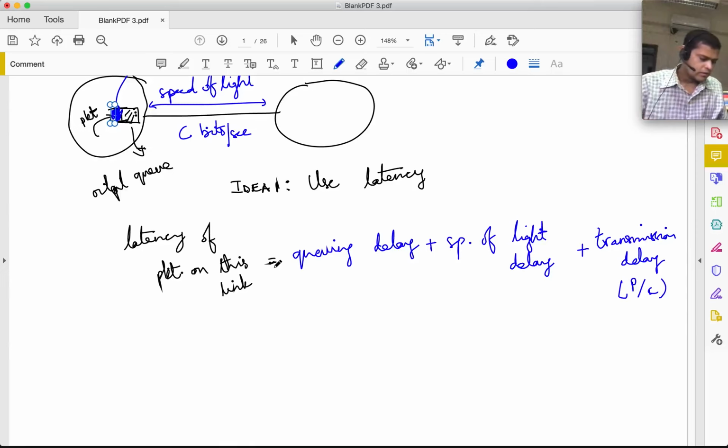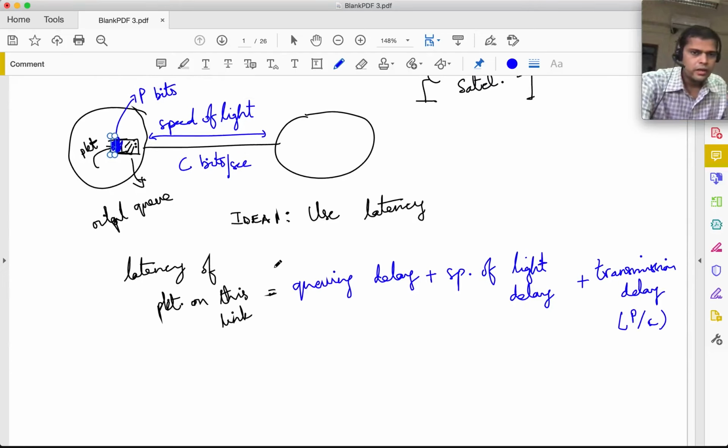So you might think, what is this going to be? Let's say this is the queue size, but then many other packets come in. Each of them is going to face a different delay, because even if they are of the same size, the speed of light and the transmission delay are going to be the same, but the queuing delay will vary. So this latency of packets keeps changing, and should we change the link weight for every packet which comes in? That doesn't make sense.